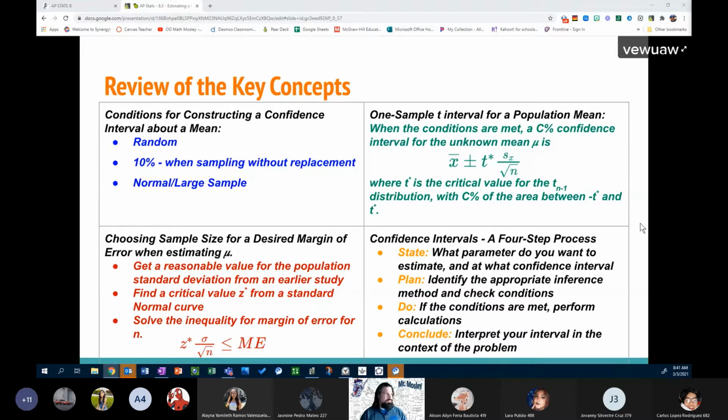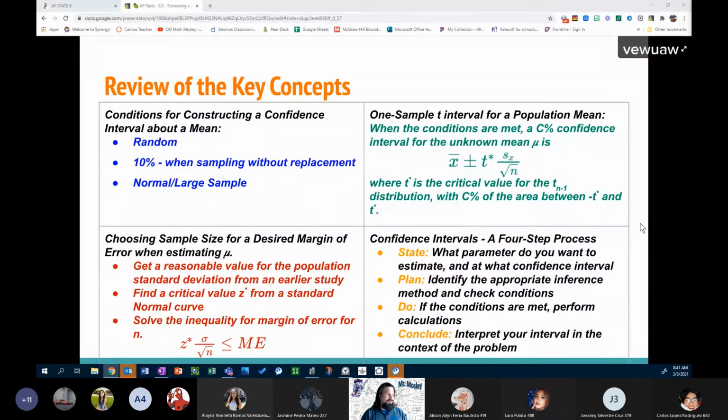We have choosing a sample size for a desired margin of error when estimating mu. Again, this is a very similar process to what we did with proportions. To choose a sample size, we need to have a reasonable value for the population standard deviation from an earlier study, or from a pilot study, something. We need to have something to use for the standard deviation.